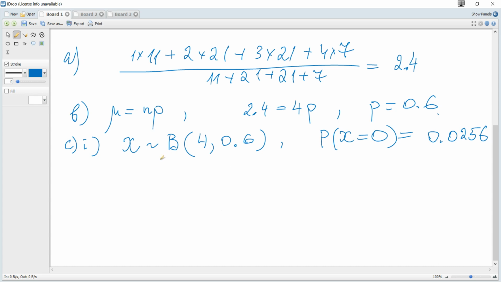The next. Find the expected frequency for 0 wins. 2 marks. It's not given clearly, but it means for all 60 blocks.